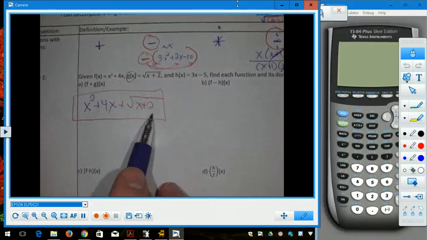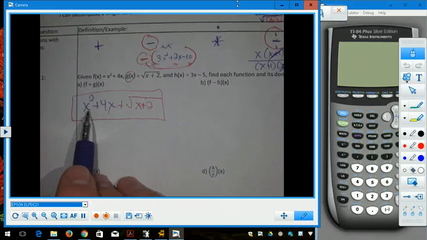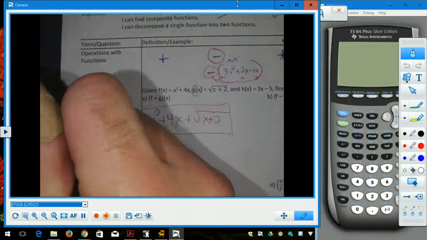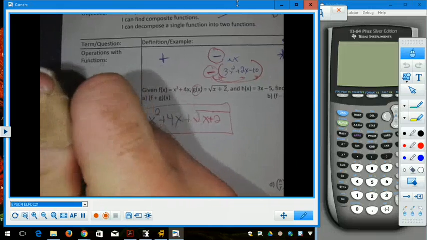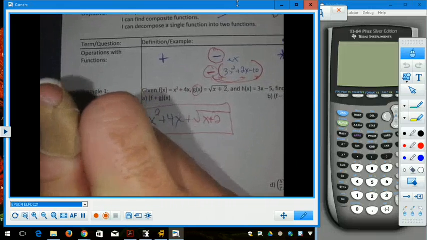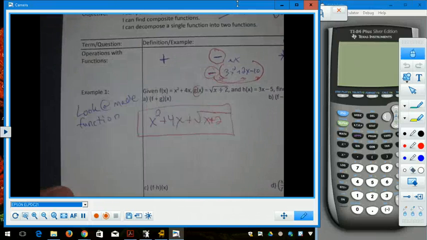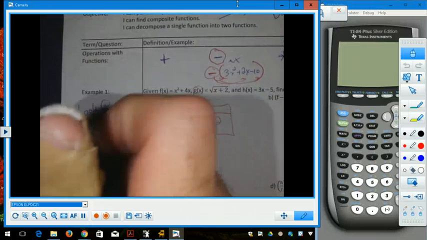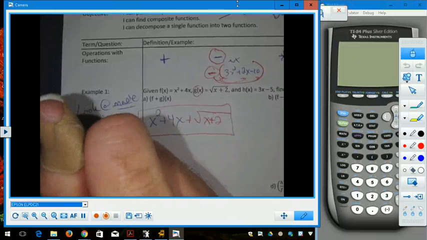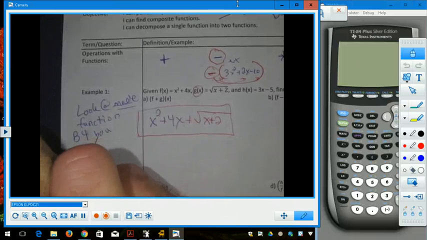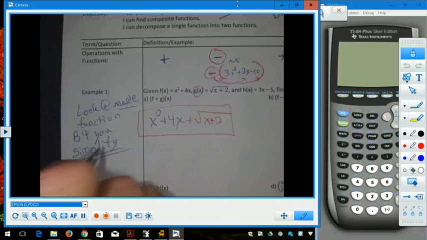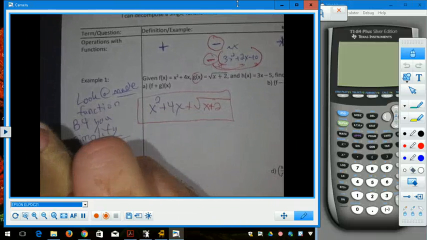When you're doing this, you're going to look at the function that you've made, the new one, before you simplify. Well, we didn't even have to simplify. Before you simplify, identify domain restrictions.